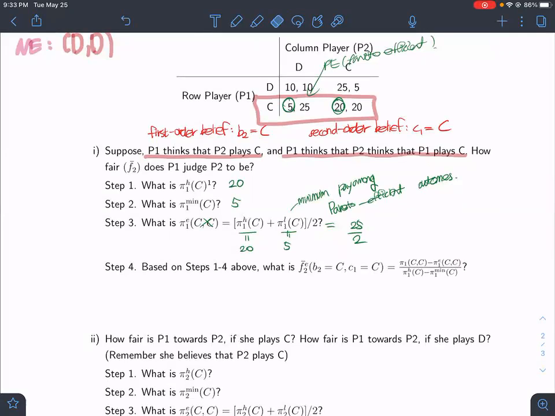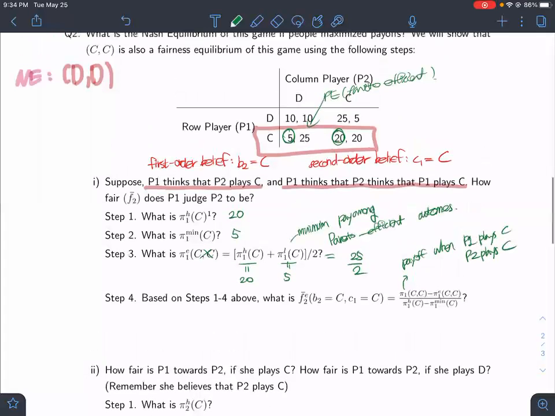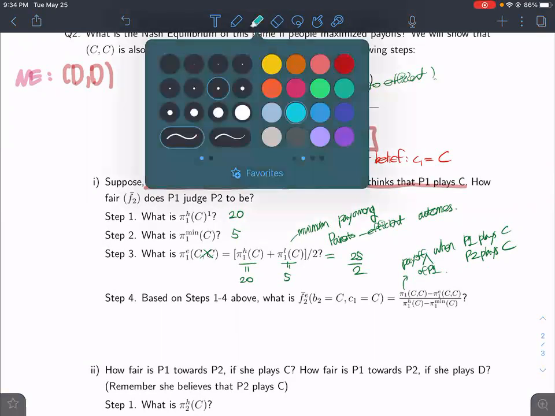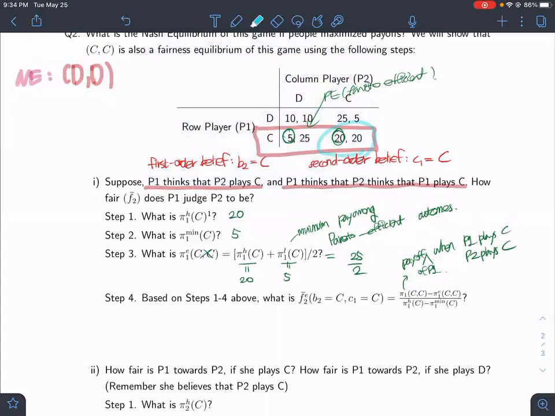And then this pi 1 CC is the payoff of player one when player one plays C and player two plays C. So suppose that they all play C and C, which is this blue circle here, then player one's payoff is 20.